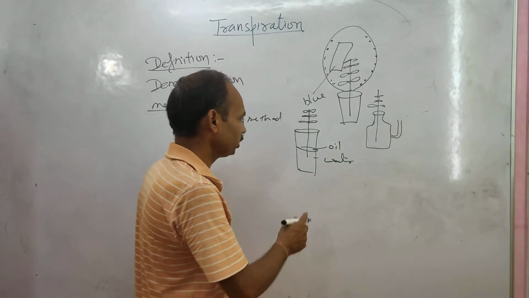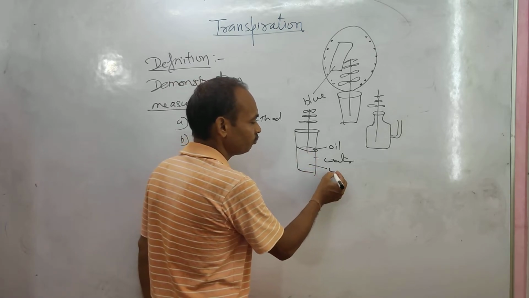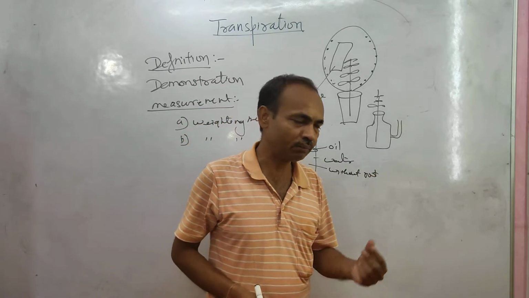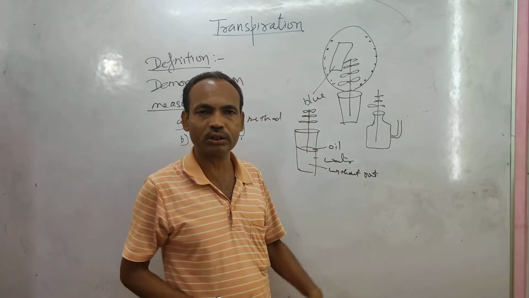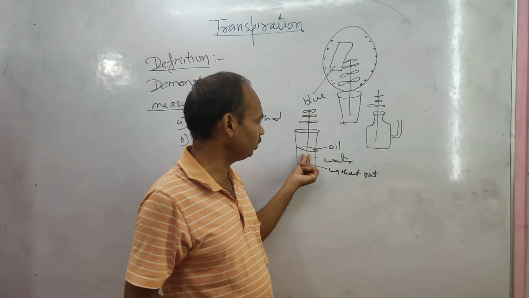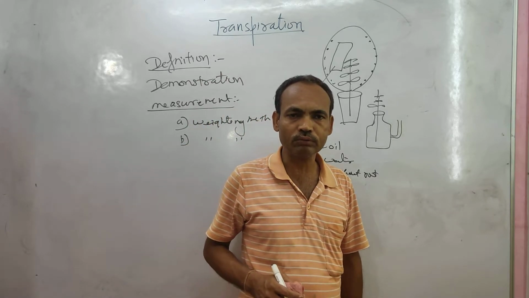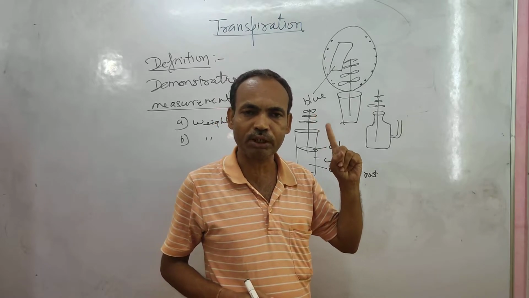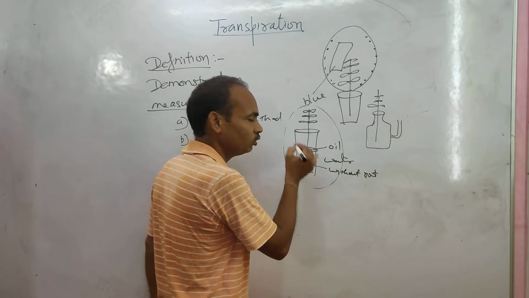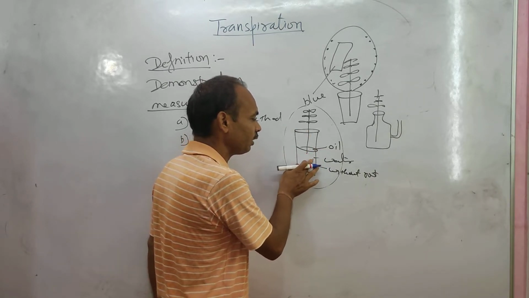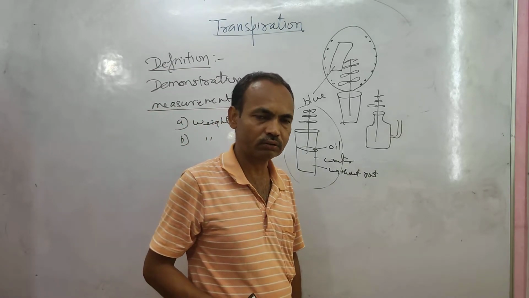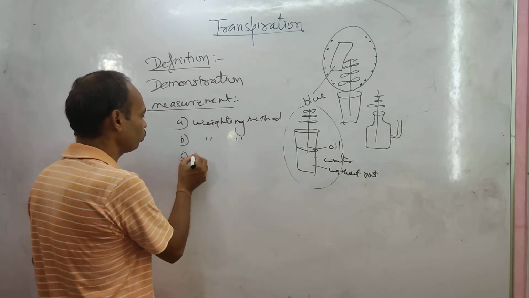Be careful, the twig should be without root, because from the xylem there is absorption of water and the calculation may be wrong. Don't be confused: in the chapter on absorption by root there is a similar experiment, but with a root. Hence, there is a difference between the absorption by root experiment and the transpiration rate experiment.